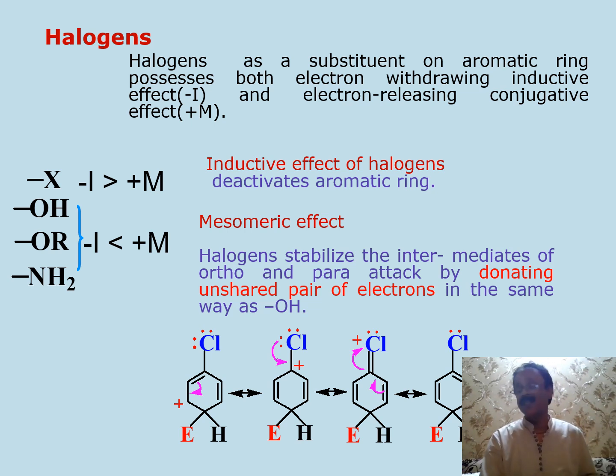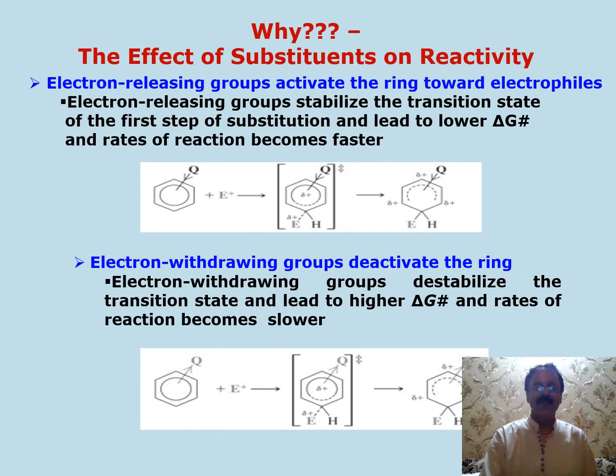But because electron density overall on the benzene is less, halobenzene or chlorobenzene is less reactive than benzene towards electrophilic substitution reaction, but it is ortho and para directing. So halogens, though they are deactivating, still they are ortho and para directing.